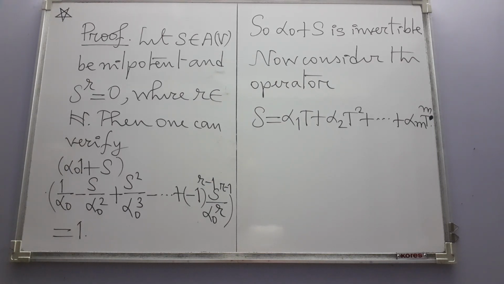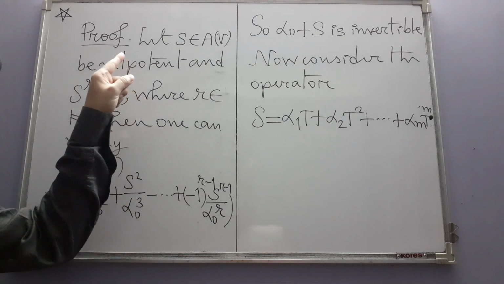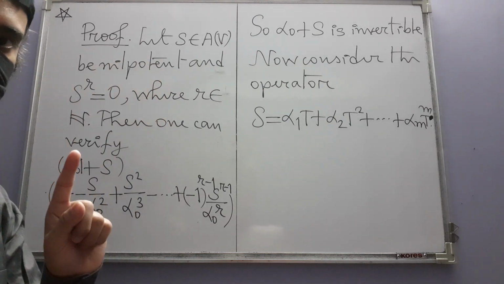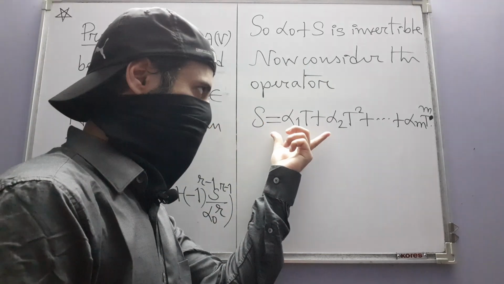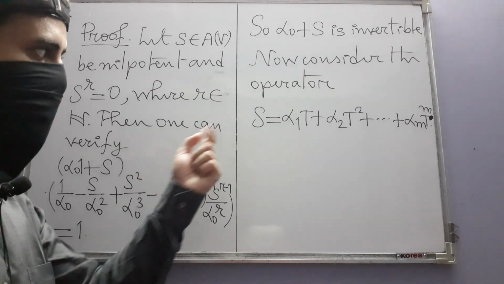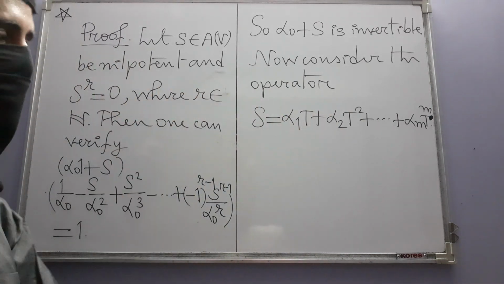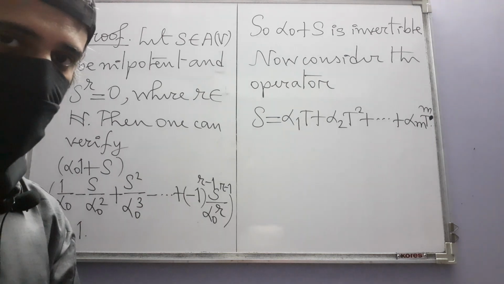Okay, so whatever we did in the first half of the proof was about a general nilpotent operator capital S. Now we are considering this particular operator as S, where we already had those scalars in the statement itself. But is it nilpotent?